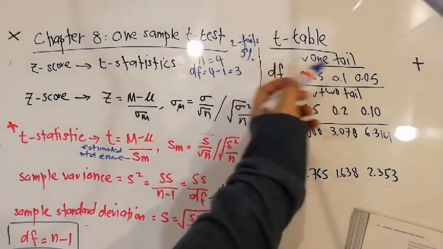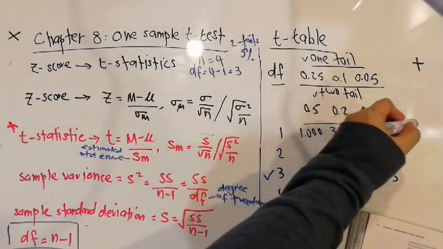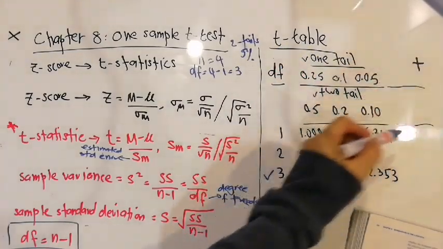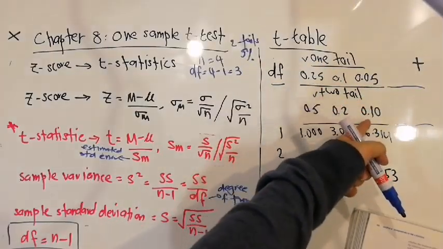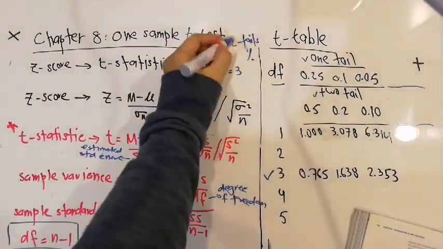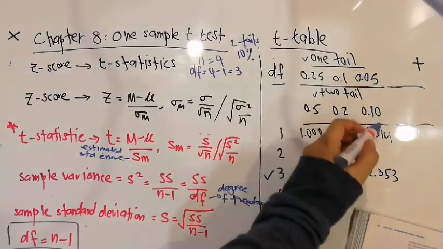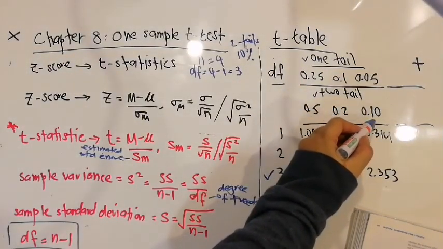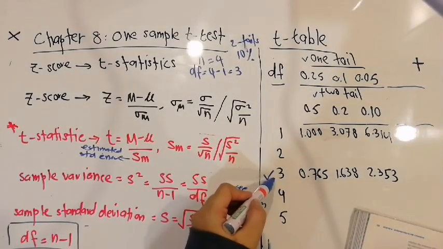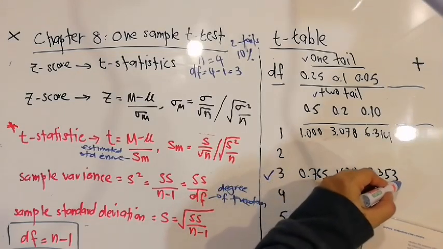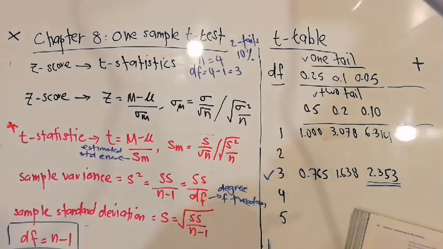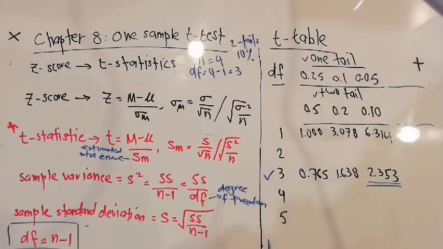It's not shown here, because there are a lot of columns and I am just giving an example. So let's say two tail 10%. You choose this column, drag it down to df 3, and your answer would be 2.353.